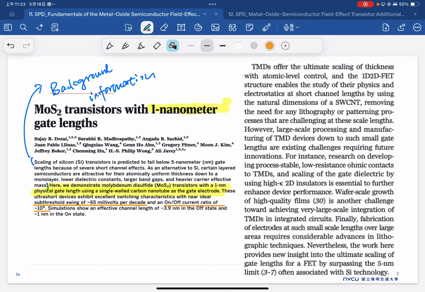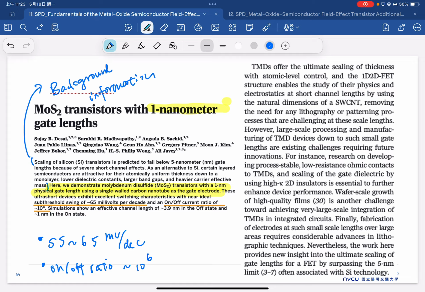So this paper tries to demonstrate that the SS can achieve 65 millivolt per decade, and the on-off ratio can reach 10 to the 6.